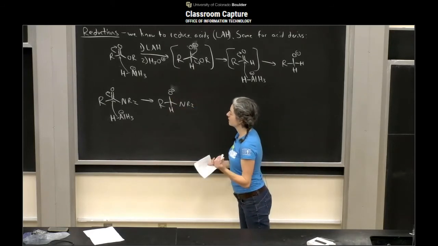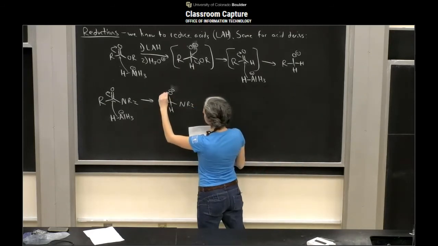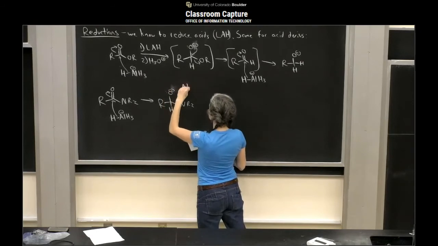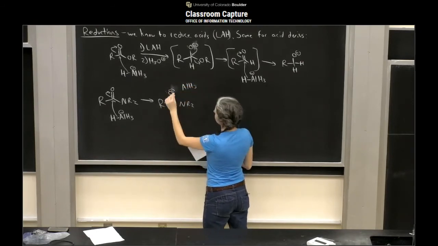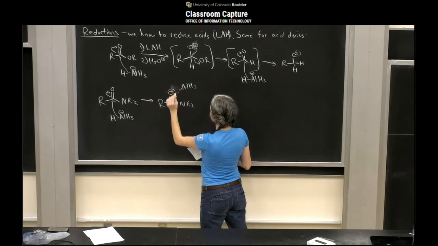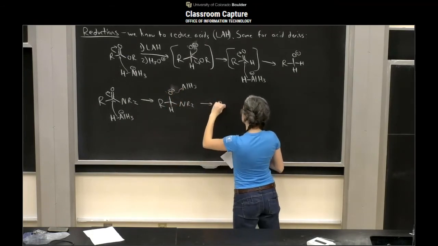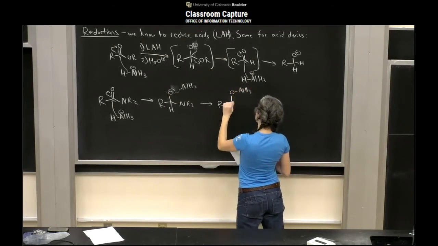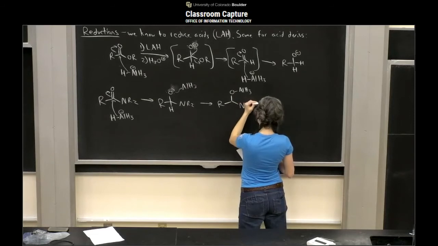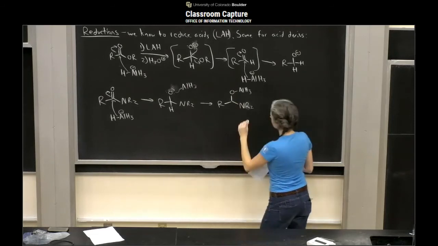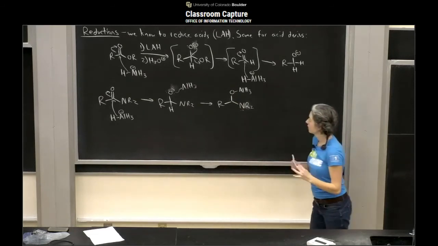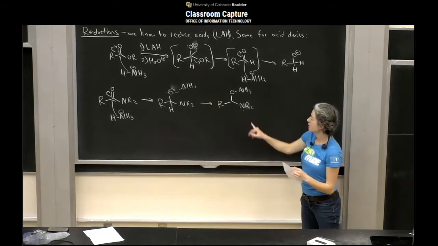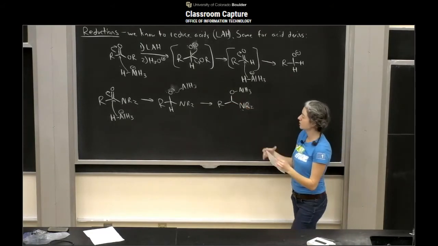But in this case, it ends up being the case that, okay, so I guess in this case, showing the aluminum getting involved is pretty useful. Because you can actually turn the oxygen here into the leaving group.